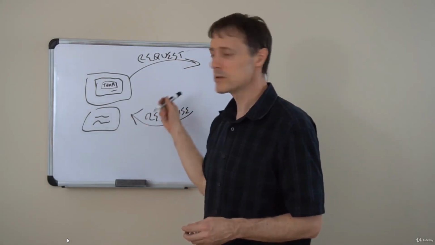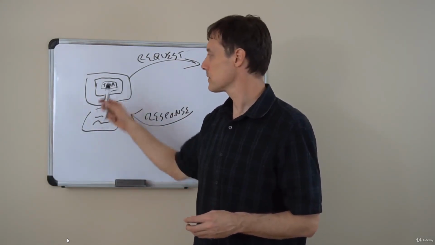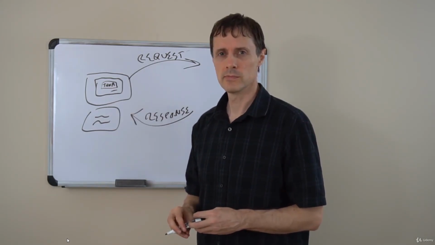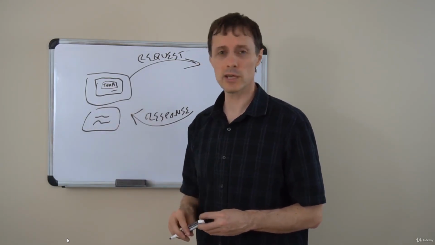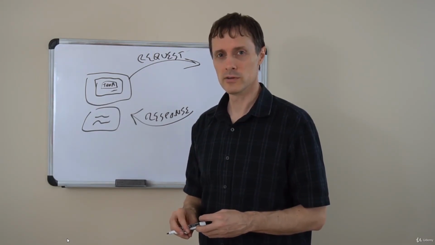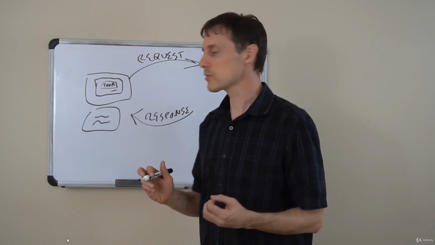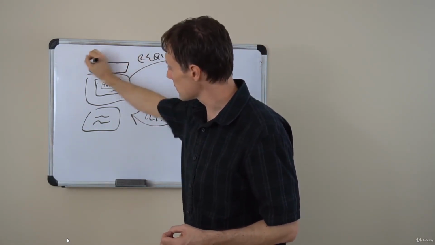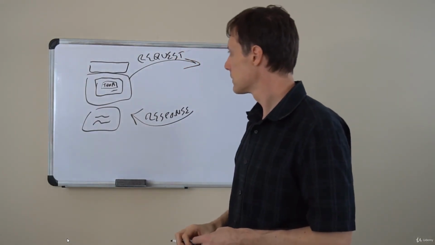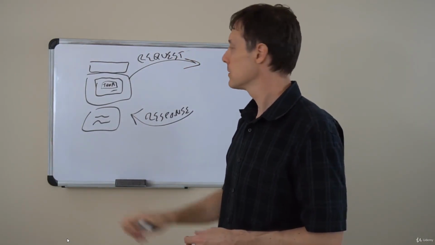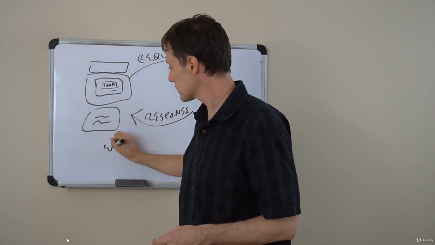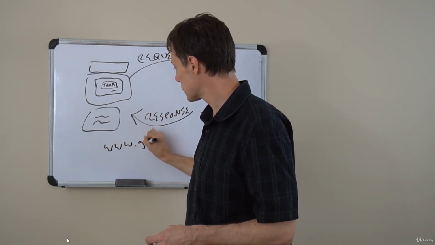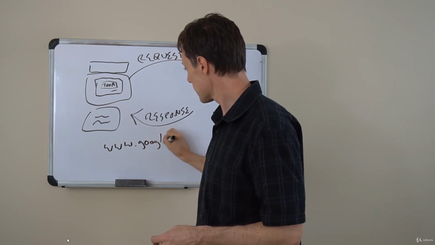In this case, where is the program to run this search term? Because we know this program is not located on our computer. So this program is located in the URL. That's where this program is located. If we look at this URL, it starts with www.google.com.